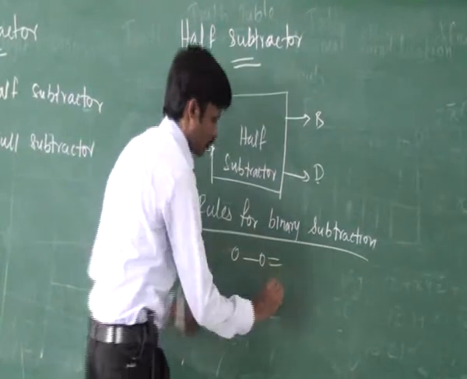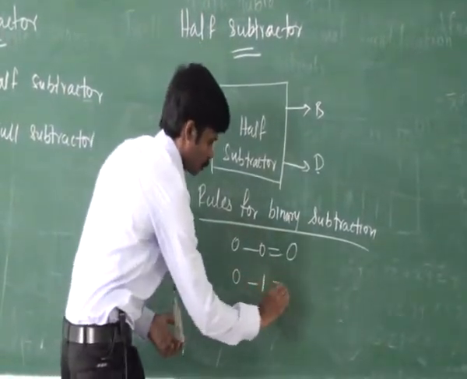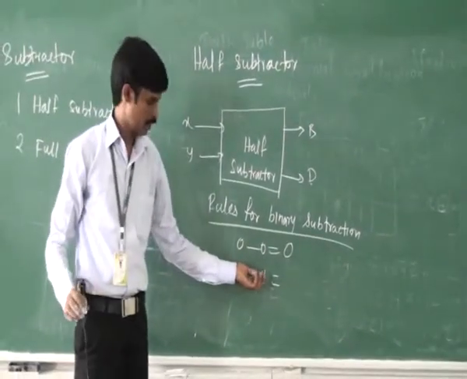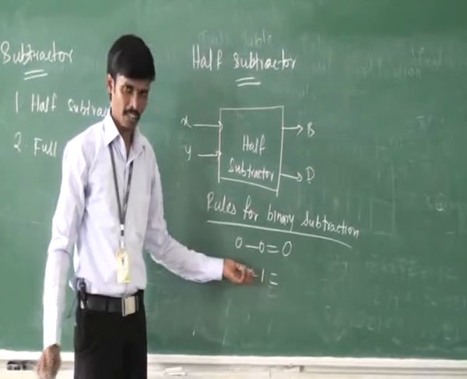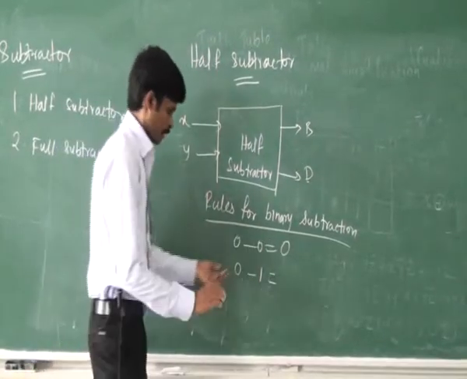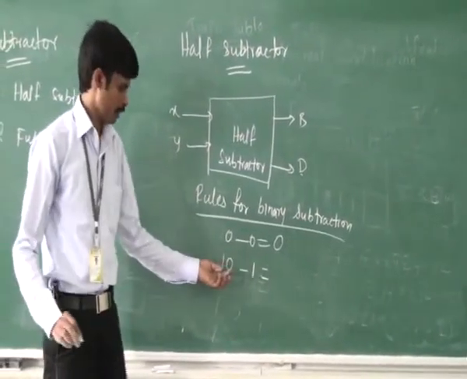0 minus 0 is equal to 0. Then 0 minus 1: actually here the 0 is less than 1, so we cannot subtract 1 from 0. So we need to get a borrow. So this can be replaced by 10 minus 1.